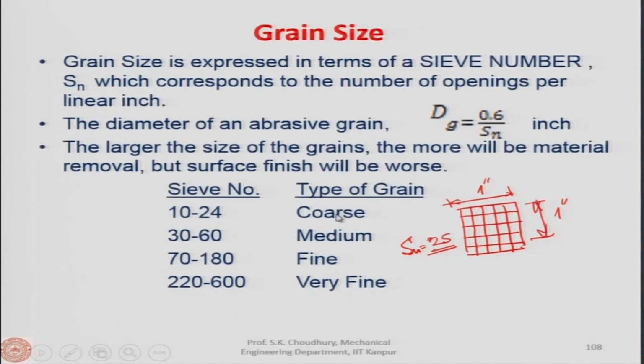They are not very coarse, but they are a little finer. 70 to 180, these are the finer grains, and 220 to 600, they are very fine grains, okay. So, this is an international standard, and everywhere in the world we use this kind of standard to define the diameter of an abrasive grain, okay.